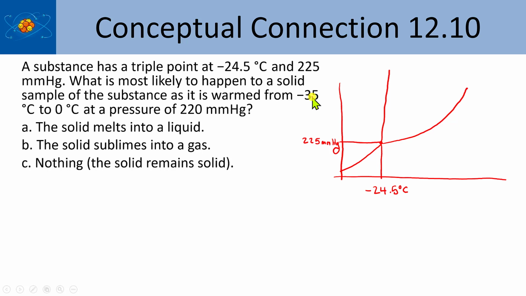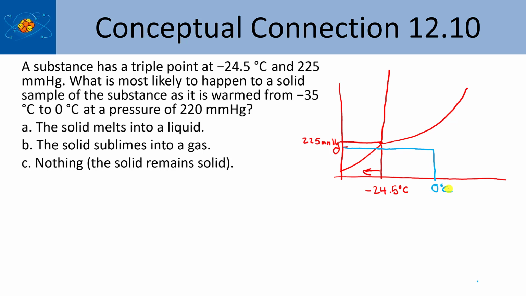Now we're at minus 35 degrees Celsius, so that's over here somewhere to the left of this line. And I'm at a pressure of 220 millimeters of mercury, so I'm underneath the triple point. So I'm going to heat this and go from here along this line in this direction until I get to 0 degrees Celsius.